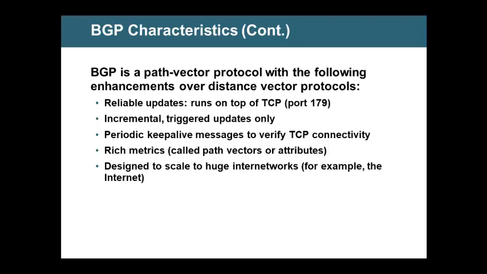The reason is EIGRP works in IP layer. OSPF also works in IP layer. OSPF uses acknowledgement packets. So they both don't have any TCP based reliability.